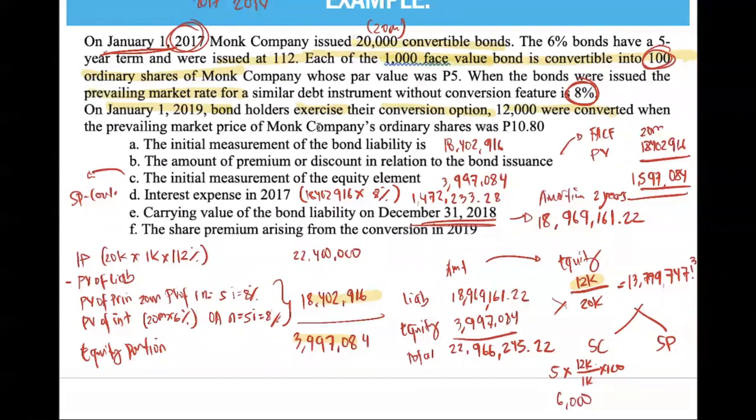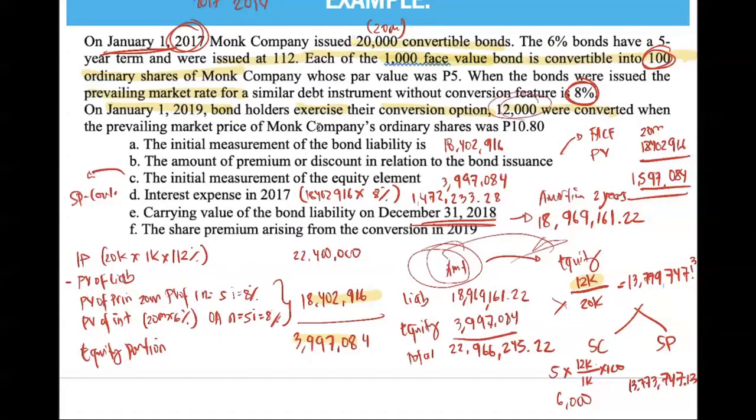Therefore, our share premium is equal to 13,779,747.13 less 6,000. This will give us 13,773,747.13. Okay. So again, in your conversion, you transfer the amount to equity. And here, it is not the whole bonds that is converted, only 12,000.